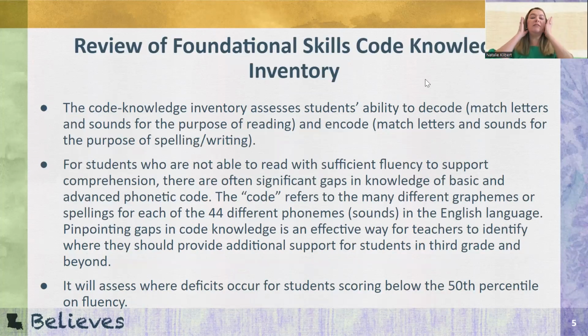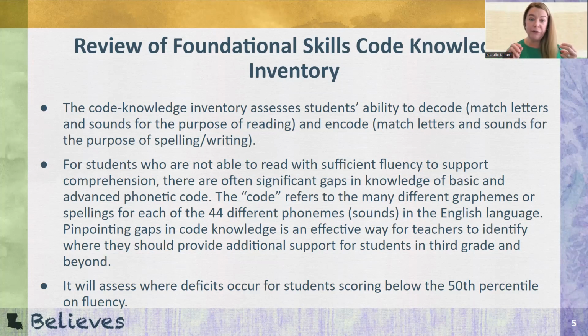So we talked about the foundational skills code knowledge inventory in our last session. And we said that the code knowledge inventory assesses students' ability to decode, to be able to read, to match letters and sounds for the purposes of reading, and to encode, to match the letters and sounds for the purposes of spelling. So they hear the sound and they write the spelling pattern. For students who are not able to read with sufficient fluency to support comprehension, there are often significant gaps in knowledge of basic and advanced phonetic code.